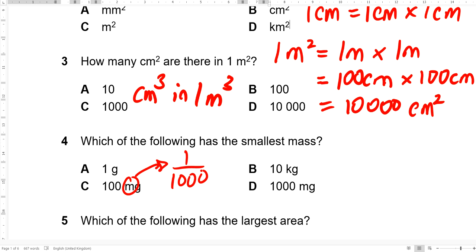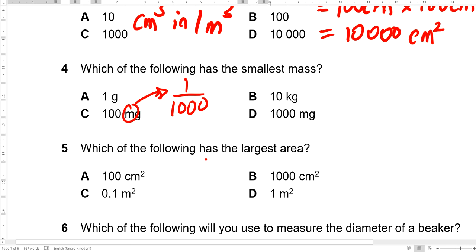So 1 over 1,000 grams is very, very small, right? 1 gram already is very tiny. So 1 over 1,000 is much smaller, but this time we have 100 of them. So if I were to convert milligrams to grams, it is actually the same as 100 over here times 1 over 1,000 grams.